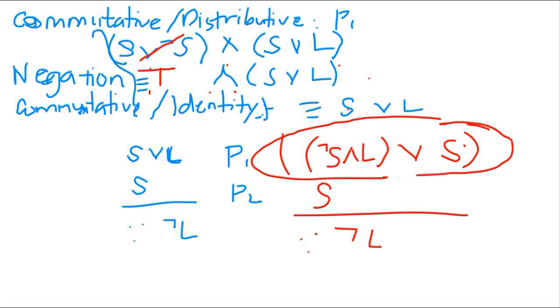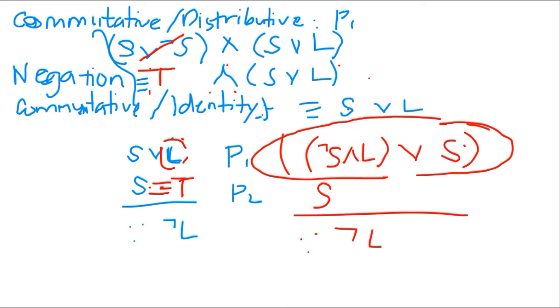So the way to analyze this is, if you have an OR statement, if you have a disjunction, the disjunction is giving us S or L. We know that S will be true, so this is true for the AND to be satisfied.